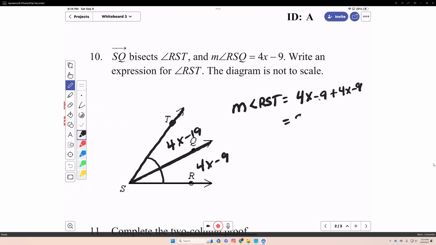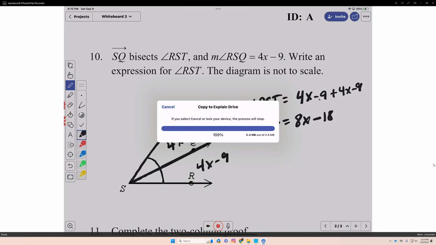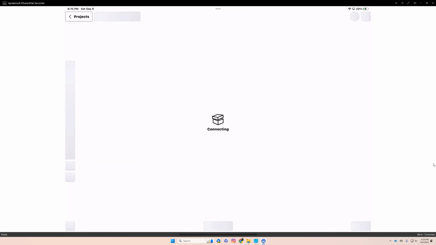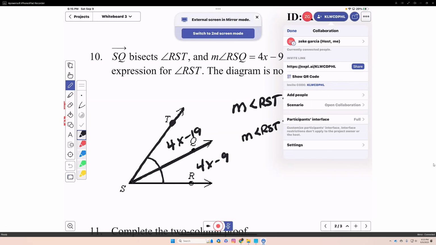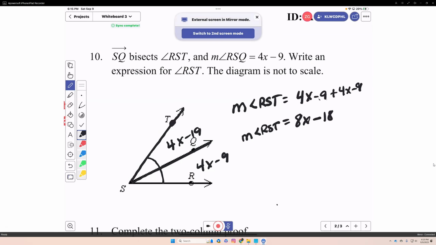So you have 8x minus 18. So the measurement of angle RST will be 8x minus 18.